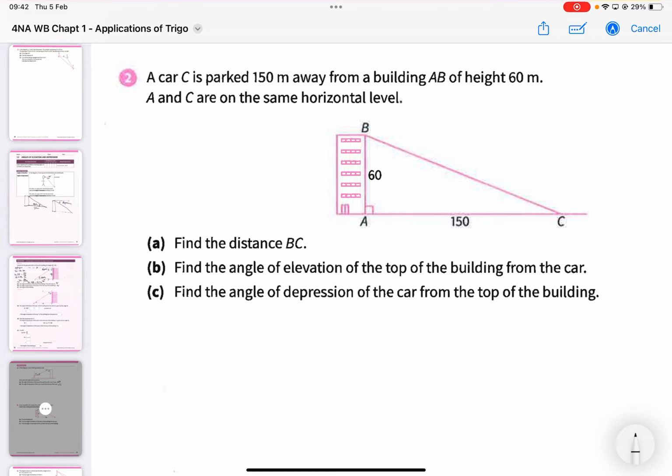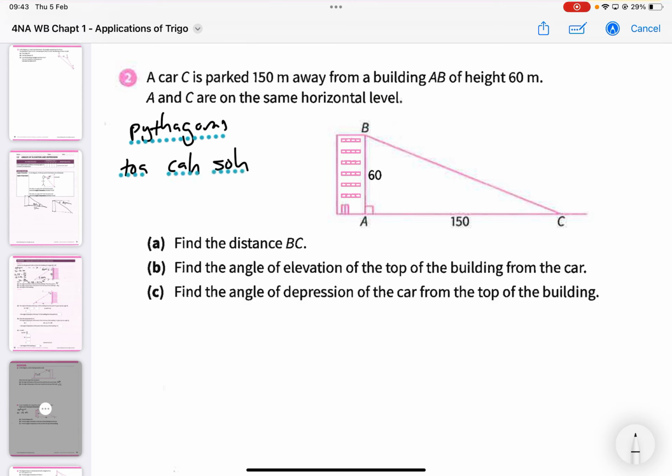So now we have a right angle triangle, finding a side. What is the first thing that you all need to think about? Right angle triangle. Pythagoras. Or TOA. Got right angle means these two only.